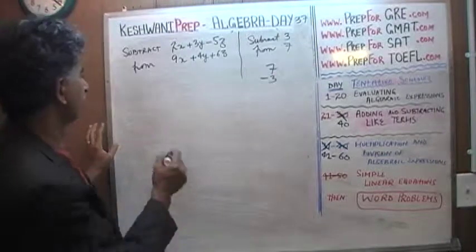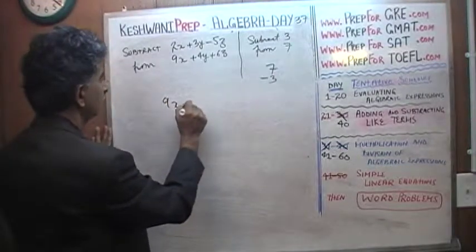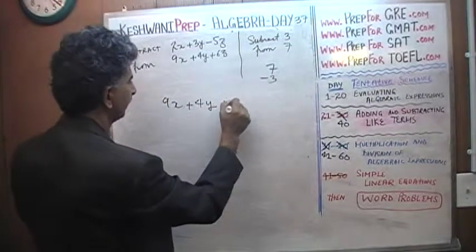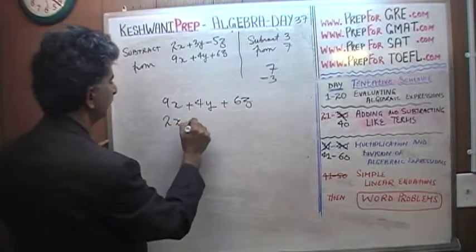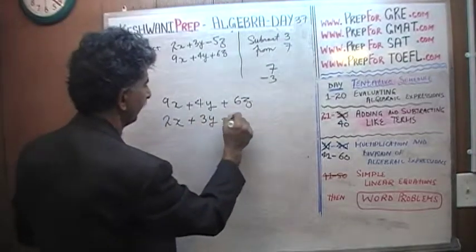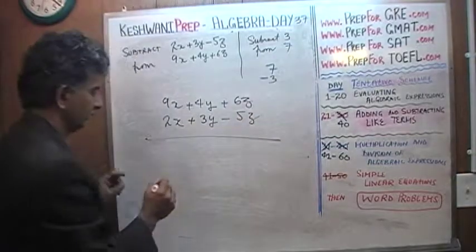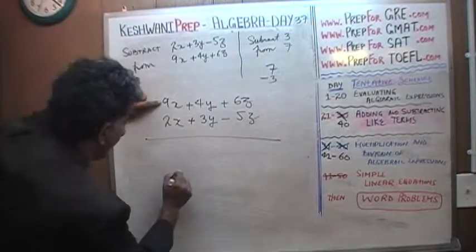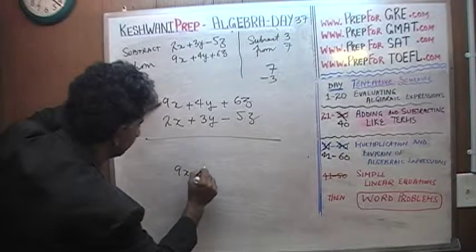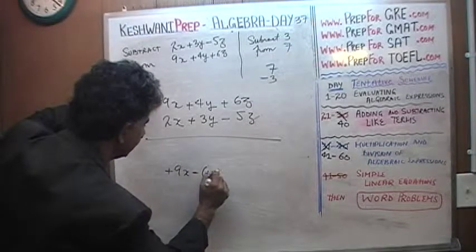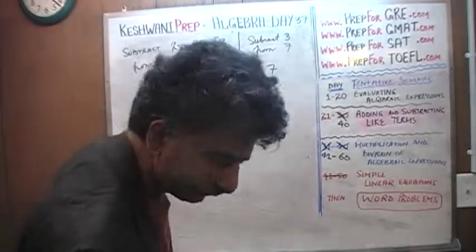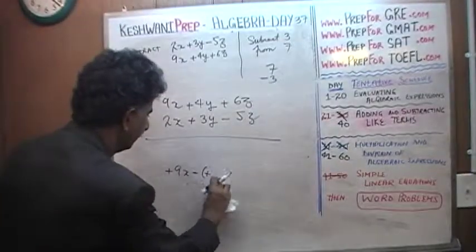Same thing is going to happen here. So we write 9x plus 4y, so we have to rewrite it obviously, plus 6z. And then we have 2x plus 3y minus 5z. Now, again, here we have 9x minus, this is a positive 9x, minus a positive 2x.